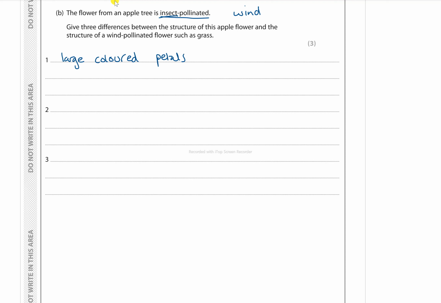They have a stigma and a stamen within the flower. They have the stigma inside the flower.